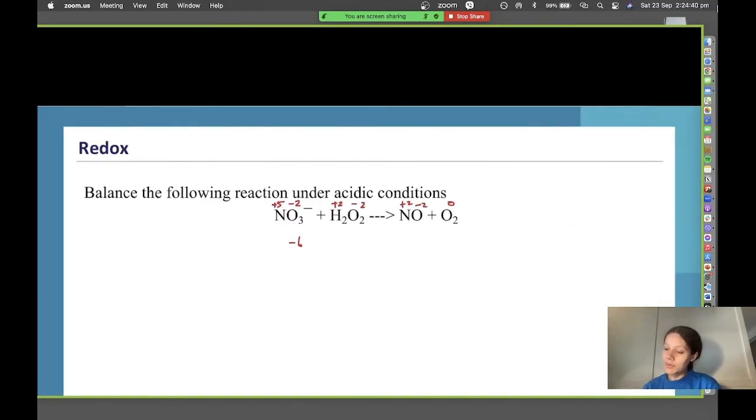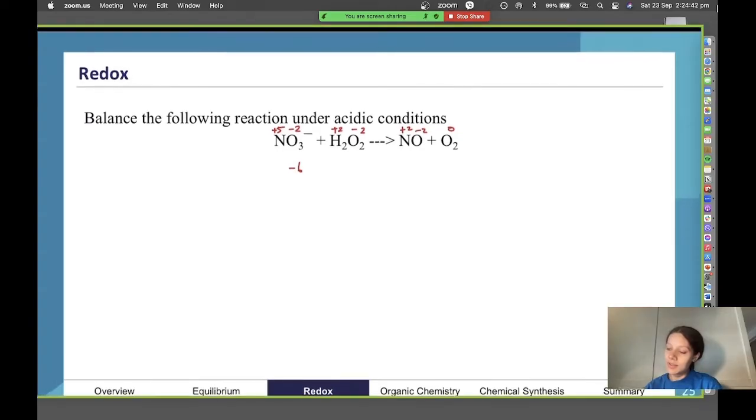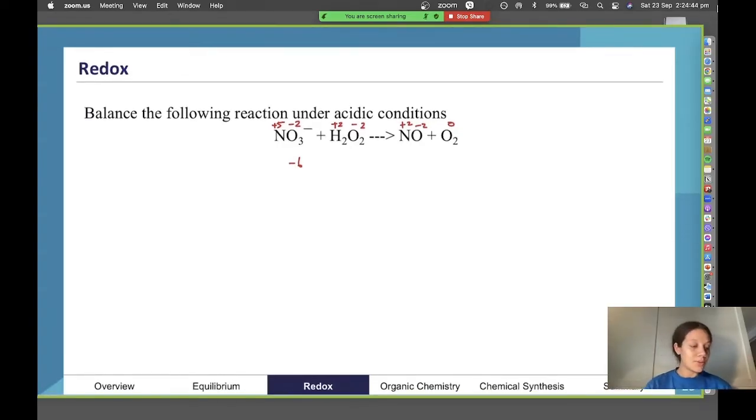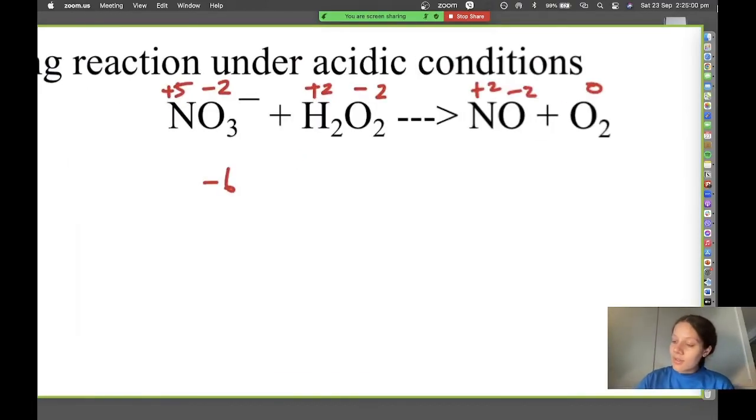So if we jump to our half equations, I might just have a little check of something briefly. Yes, okay, had to double check that. So in our peroxide, hydrogen becomes a +1, rather, oh sorry, not a +1, a -1.